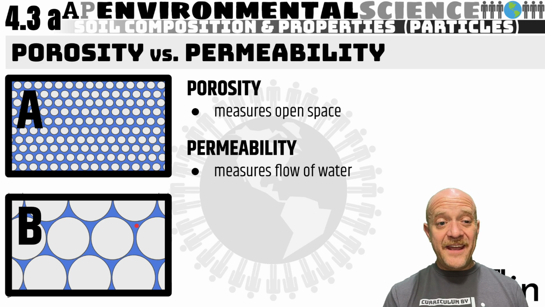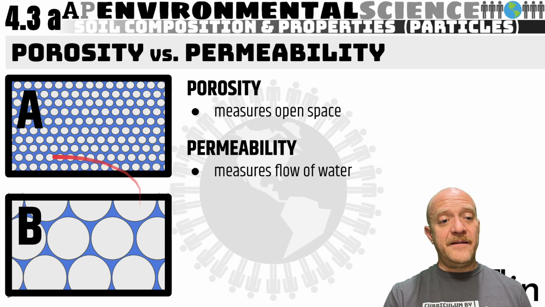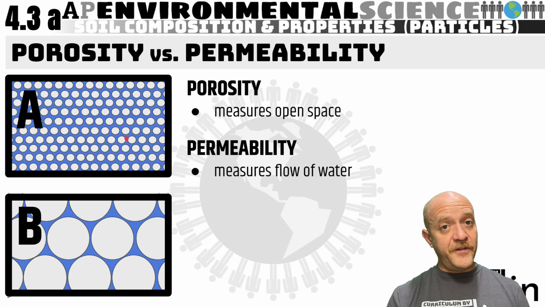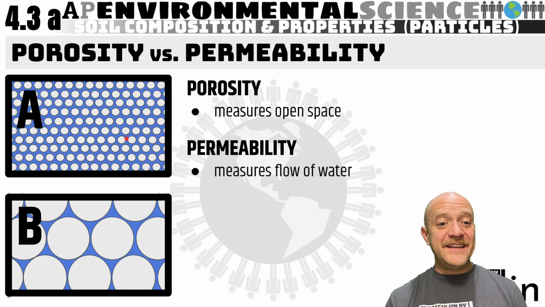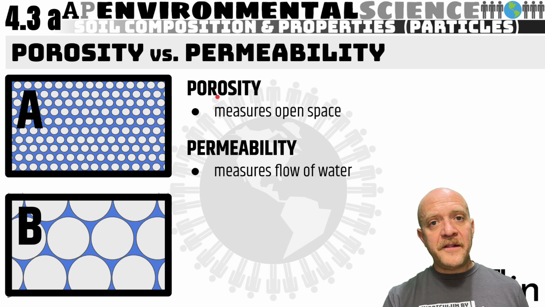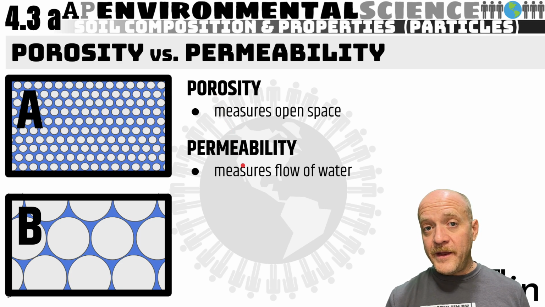Now, clay could be represented by example A. Clay particles are very small, but they do have a lot of space in there. Because the particles are so small, there's still going to be, you see, a lot of blue in here. So it will have high porosity. However, clay does not have high permeability.